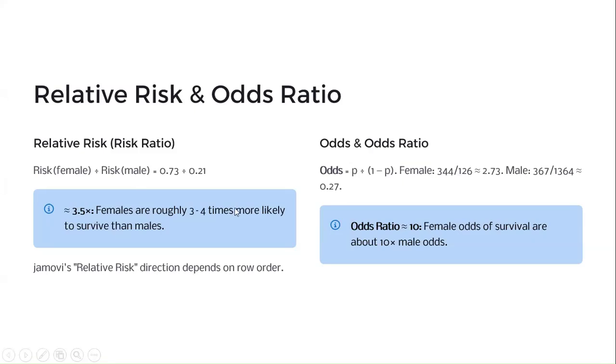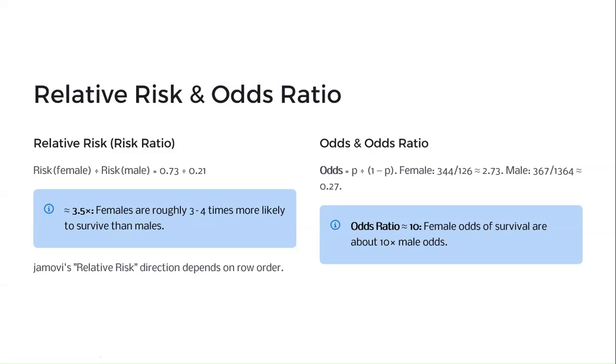Risk is the probability, but odds are probability divided by 1 minus probability. For females, survival odds are 344 survivors over 126 non-survivors, about 2.73. For males, odds are 367 over 1364, about 0.27.